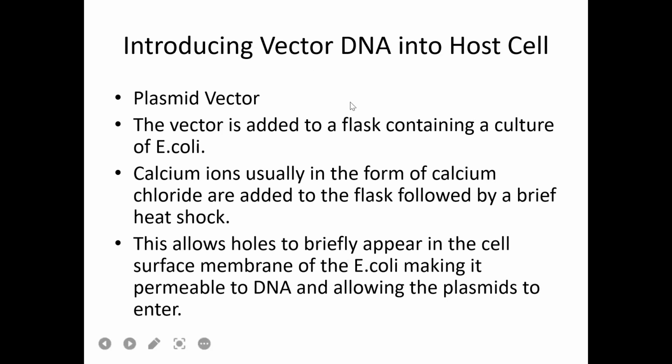So the plasmids have to enter into the E. coli. The cell surface of the E. coli must get the holes. So these calcium ions will be involved in making the holes on the cell membrane of the E. coli, so that the plasmid will enter into the E. coli.